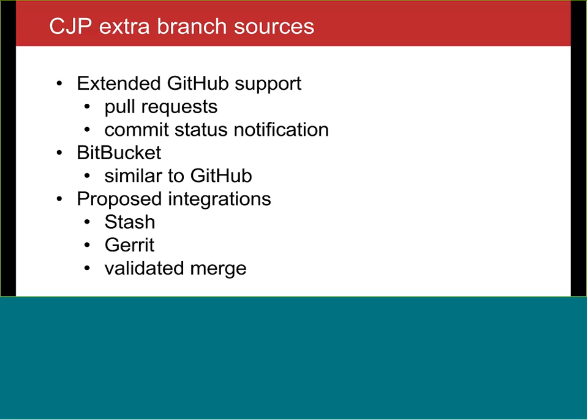So this is a Git and Mercurial hosting service. And we're looking into other integrations as well. Stash, another Git hosting service. Gerrit-based code review and validated merge. This is a CloudBees extended feature for letting people push proposed commits without having to even create a branch and have Jenkins validate them before they're pushed upstream.